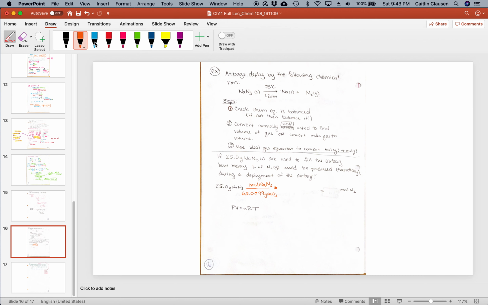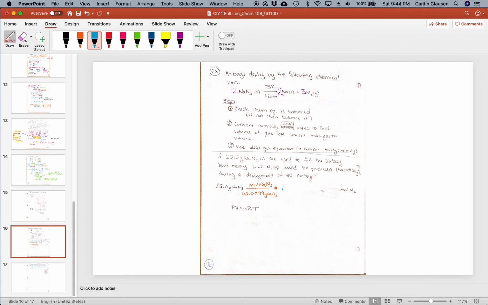So we have to balance this equation first. If I put a 3 here and a 2 here, that gives me 6 nitrogen and 6 nitrogen. Those are balanced. But now I have 2 sodium and only 1 sodium. I'm going to put a 2 right there. Now I have a balanced chemical equation and I can proceed without worry.